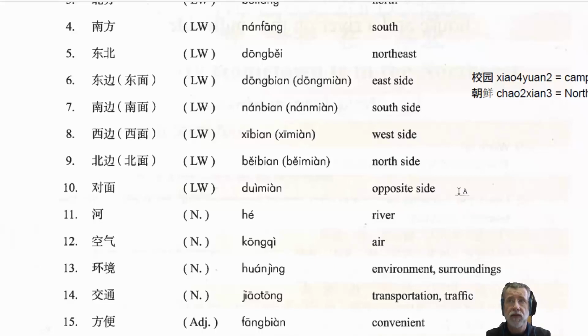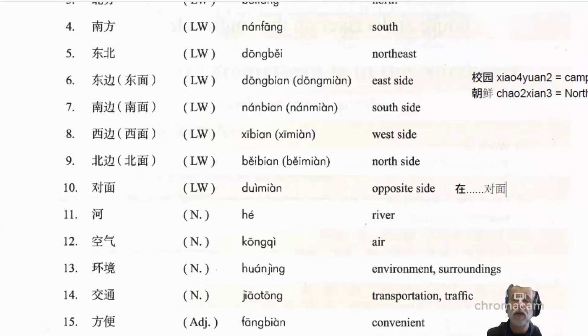So generally speaking, if you're going to talk about something being on the opposite side of something else, you would say 在对面.